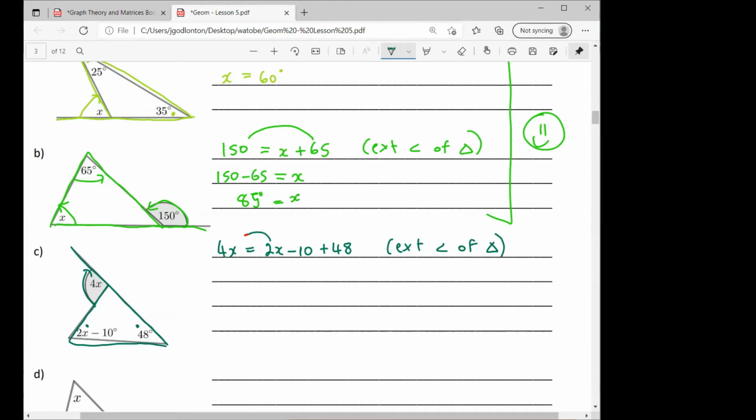Okay, so I'm going to keep my x's on one side and my numbers on the other side. 4x minus 2x is going to equal negative 10 plus 48. Remember, if you're really good with equations and you can do this and miss the step, that's totally fine. Okay, negative 10 plus 48 is 38. And we're going to divide both sides by 2, and we get 19 degrees. Well done.